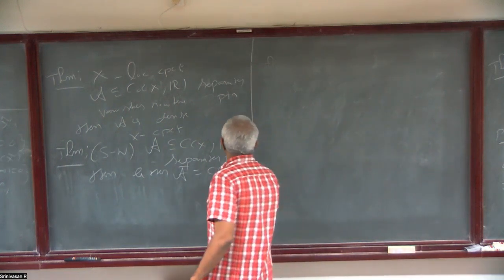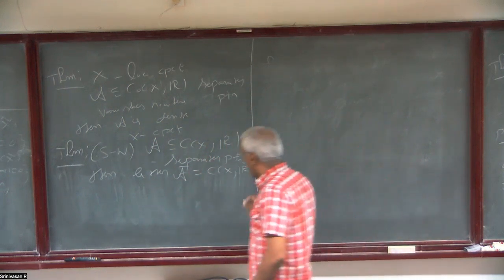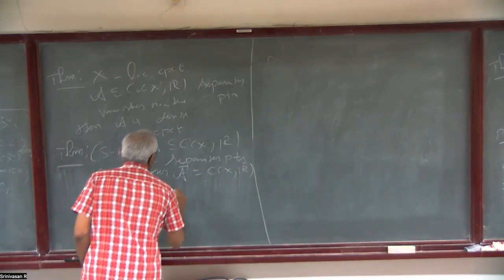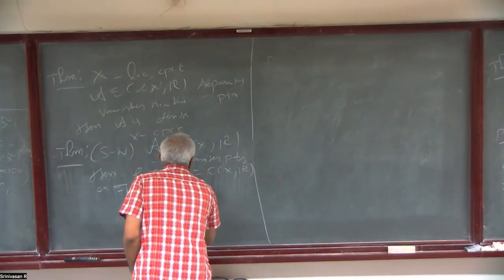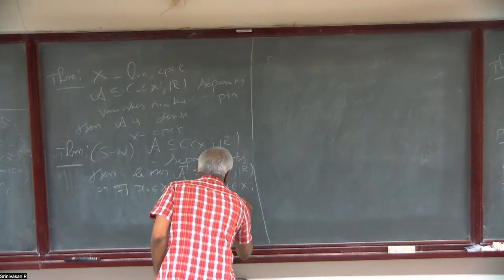So either the closure of A is C(X, R), or there exists an x naught in X such that the closure of A equals all those f in C(X) such that f(x naught) equals 0.